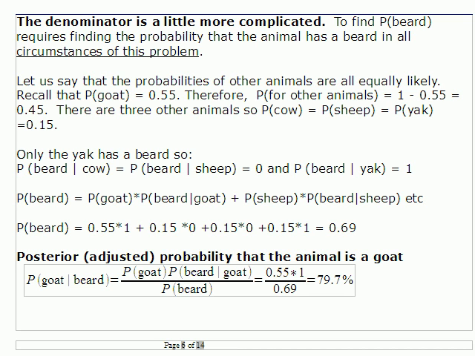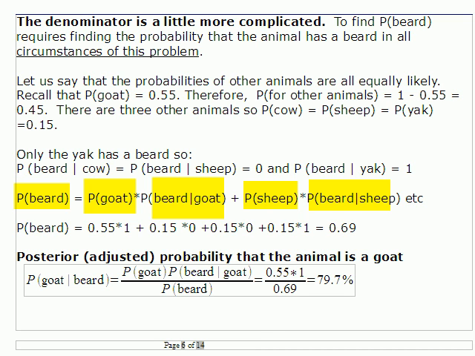The probability that there's a beard in the selected animal is the probability it's a goat times the probability a goat has a beard, plus the probability it's a sheep times the probability that the sheep has a beard. And same for the yak, and same for the other animal, the cow. Okay.